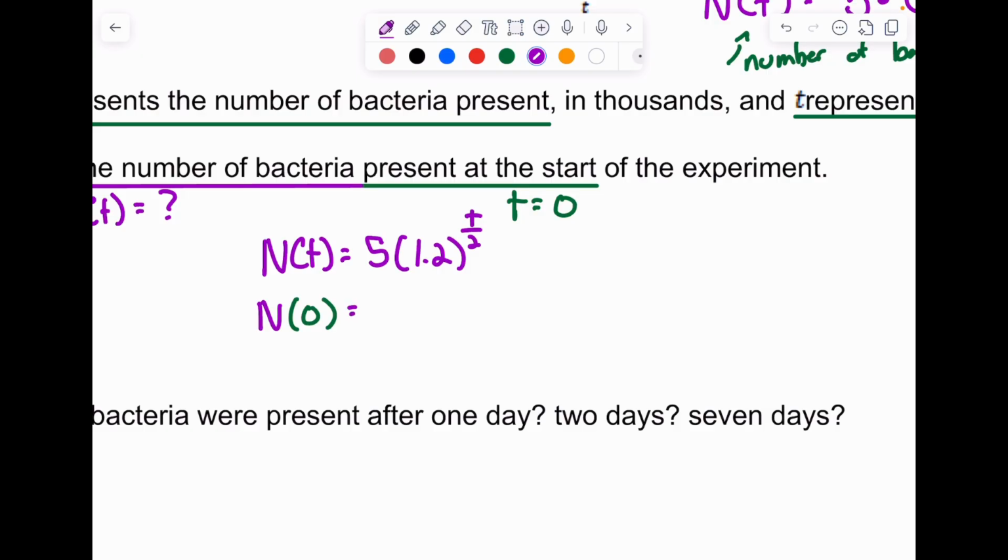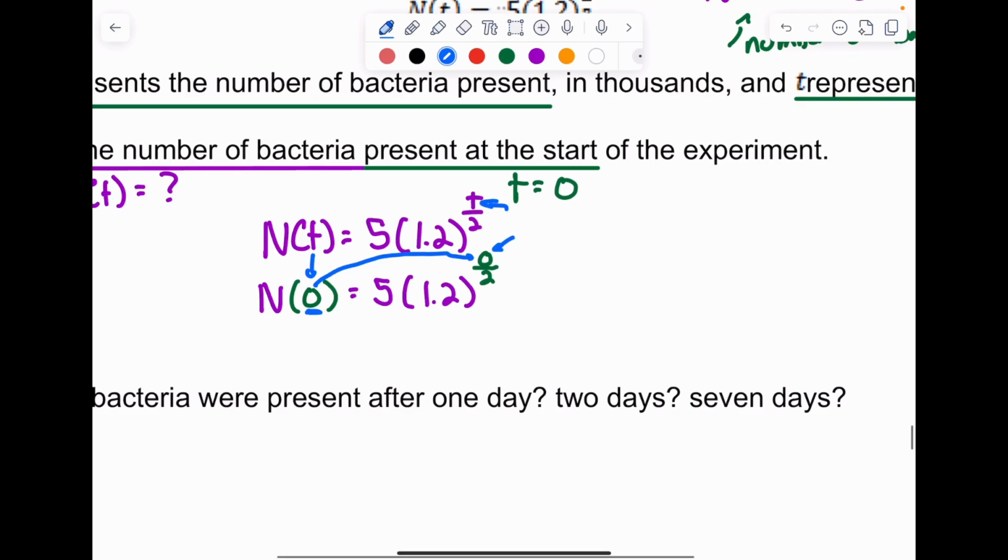So that's 5 multiplied by 1.2 to the power of 0 divided by 2. Okay? Because again, just like any function notation, whatever goes in here, you're replacing the t with 0. So that means you replace the t up here with 0. Right? You're substituting in the variable.